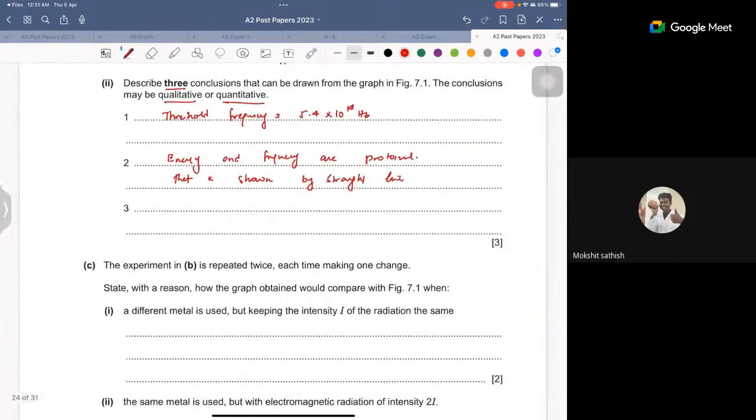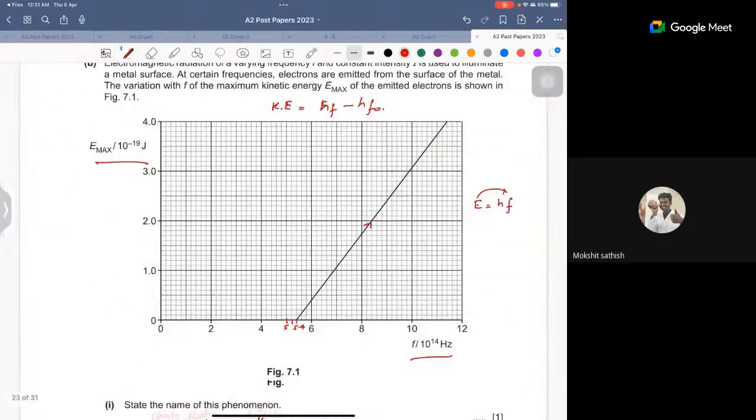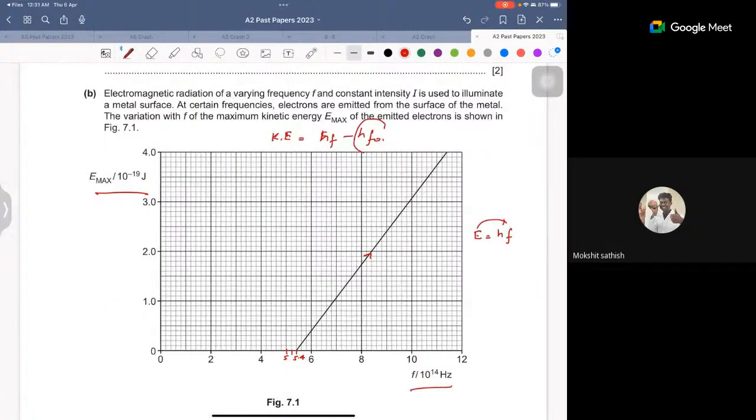And then what else can we say? Obviously, this is the work function, and that's basically photon energy. So if I compare it with y equals mx plus c, the gradient has to be the Planck constant.